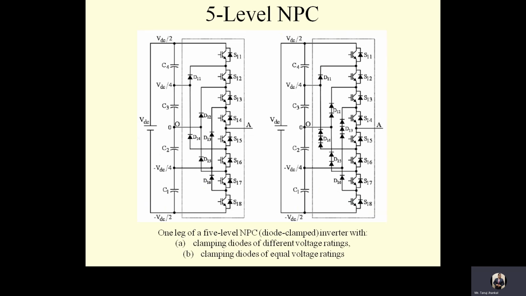But these capacitor voltages can fluctuate over a fundamental cycle depending on the load current drawn from the DC link, and this means that devices are called upon to block higher voltage than ideal conditions, where each device has to block only VDC divided by n-1 for n-level inverter.